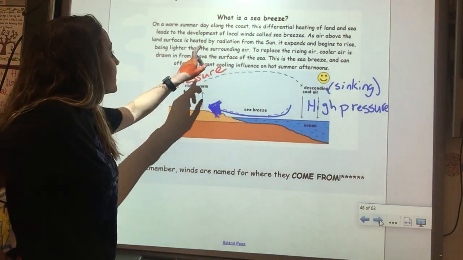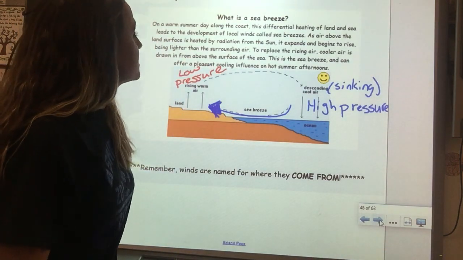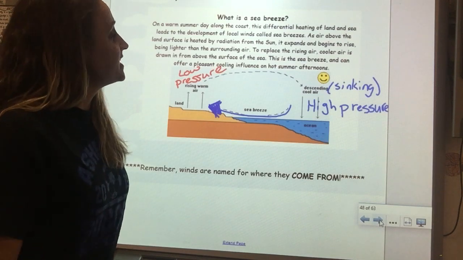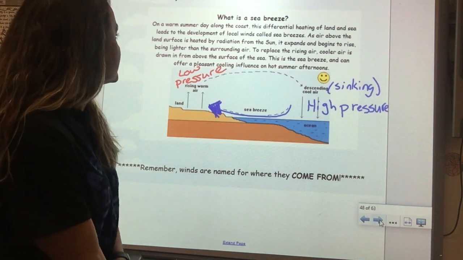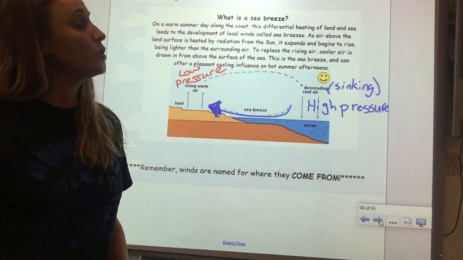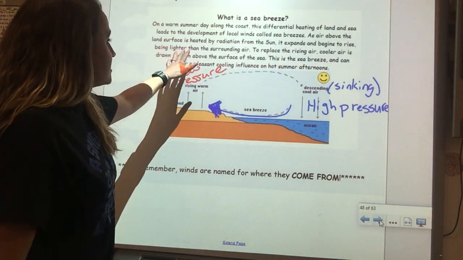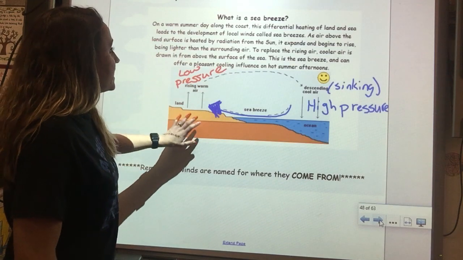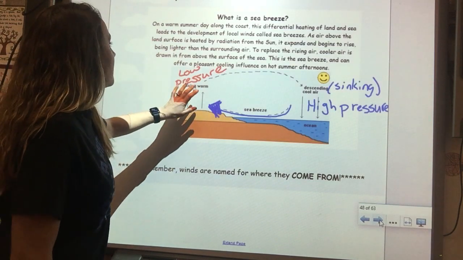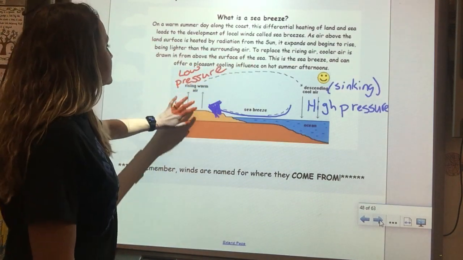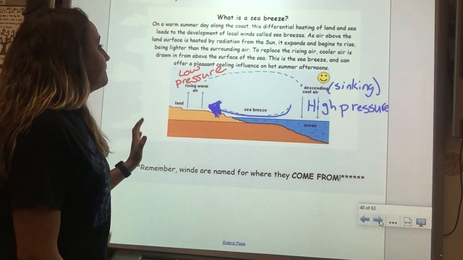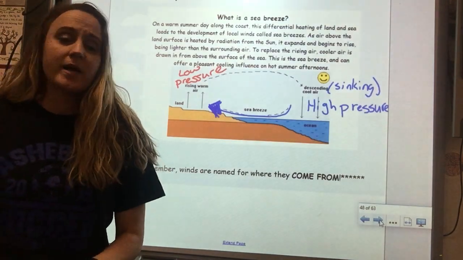So, now, what is a sea breeze? On a warm summer day along the coast, this differential heating of land and sea leads to the development of local wind called sea breezes. The air above the land surface is heated by the radiation from the sun, and then it expands and begins to rise, being lighter than the air surrounding it.